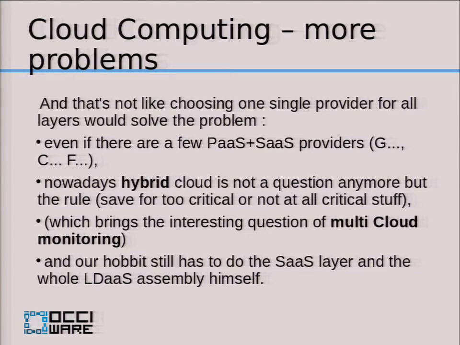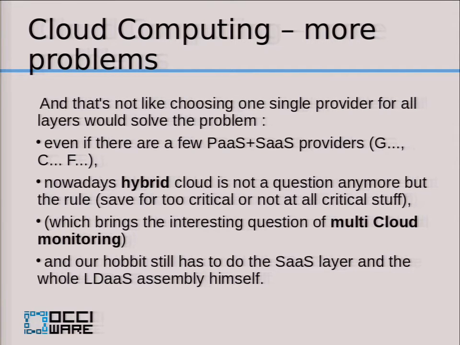And it's not like choosing only one single provider for all layers would solve the problem, because there are not that many, and anyway, hybrid cloud is today a given, unless you have a not critical at all or way too critical to go to the public cloud use case. It's not our case. We need to be able to use on-premise to store critical data, and we need to be able to use public cloud to burst when we have load peaks.